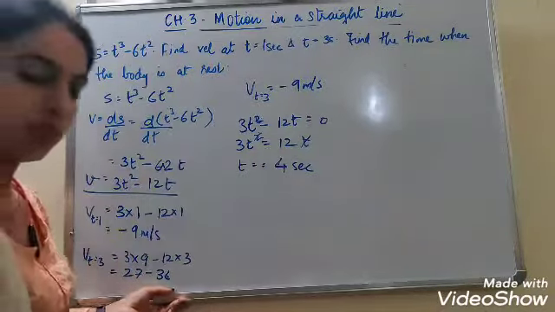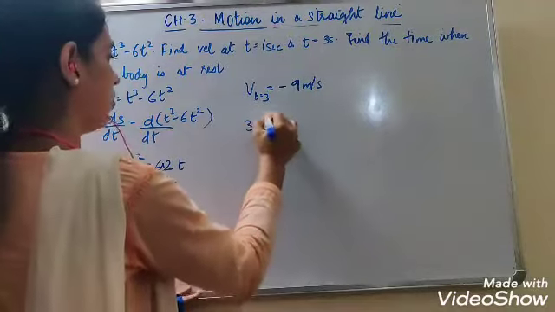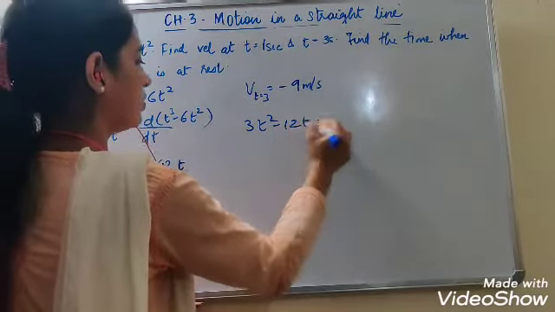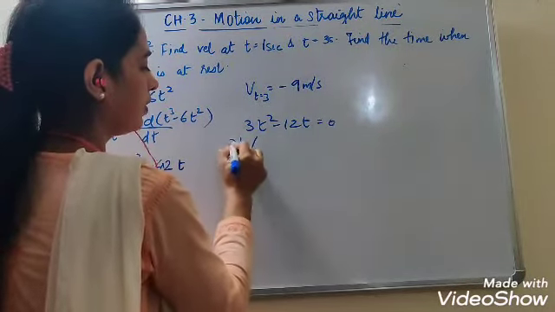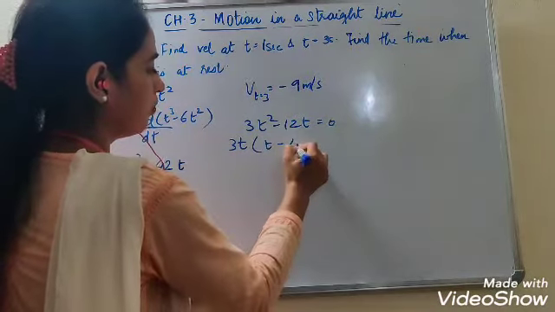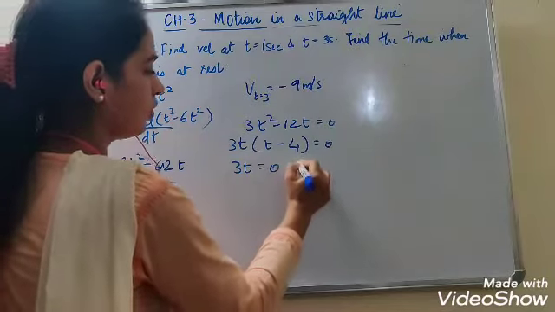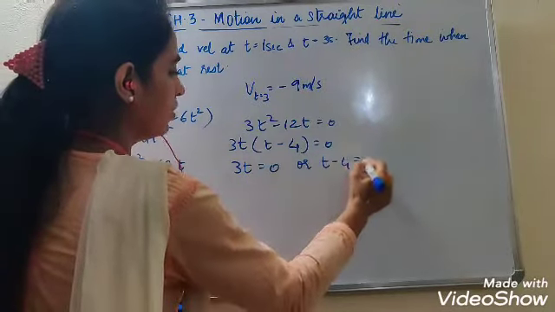3t square, no, not like this. 3t square minus 12t equals 0. So 3t into t minus 4 equals 0. So 3t equals 0 or t minus 4 equals 0.